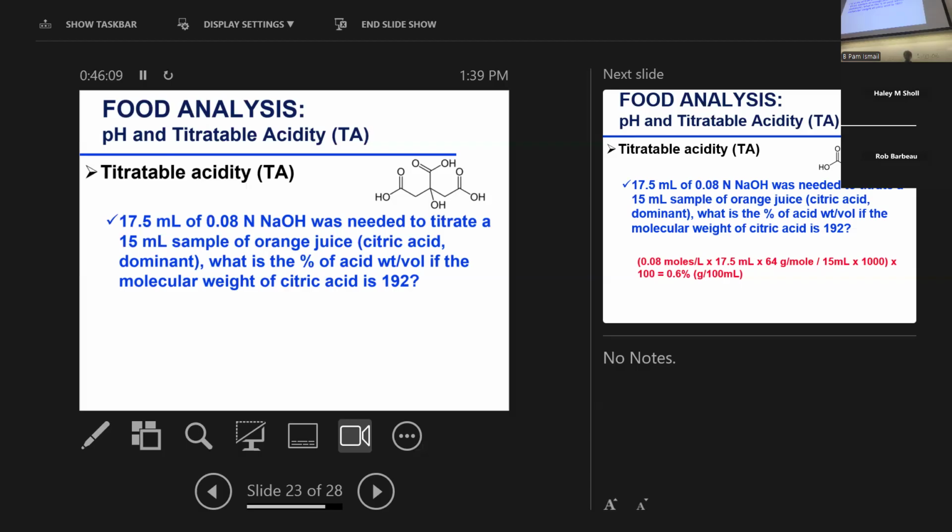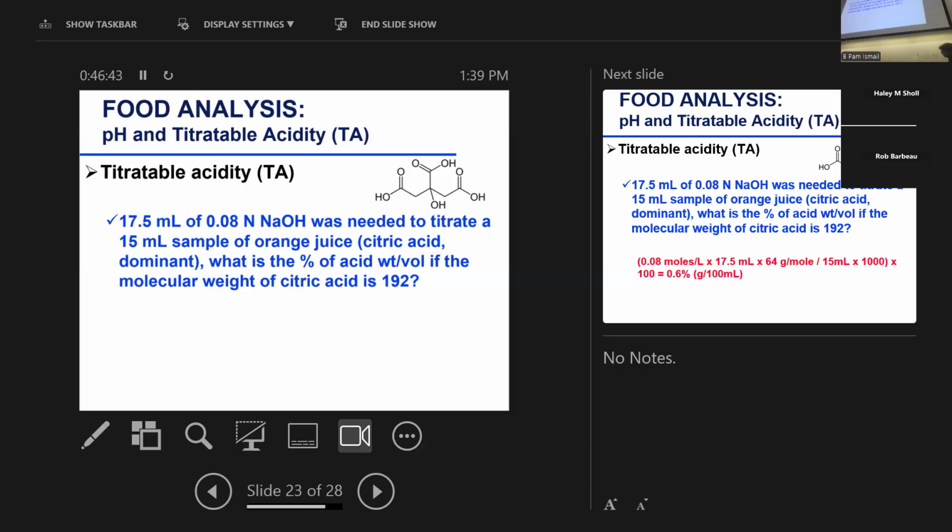What's the number of equivalents in this case? 3, because we have 3 carboxyl groups, 3 hydrogens. The molecular weight is 192 grams per mole, divided by 3. So that is 64 grams per mole.